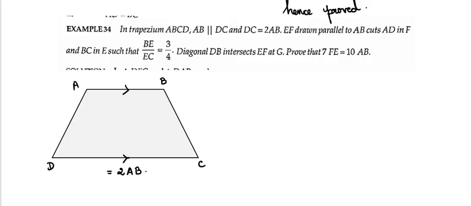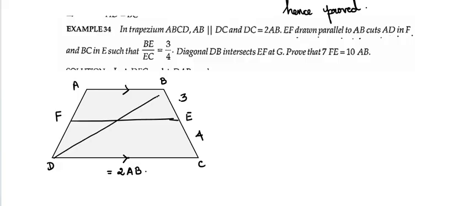Next, EF is drawn parallel to AB, cuts AD in F. This is F and this is E, such that BE by EC is 3:4.